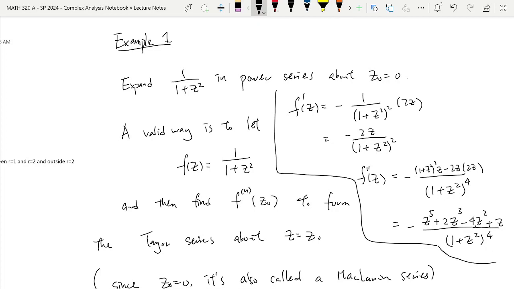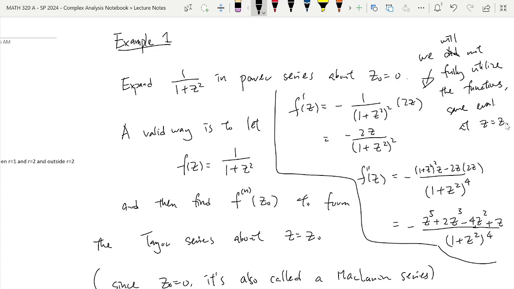So notice we did not, or we will not, fully utilize the functions save evaluating at z equals z0, which is 0.